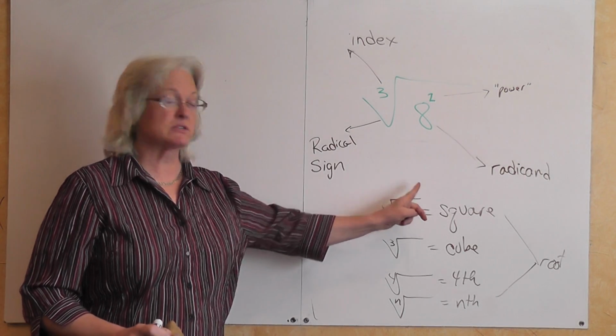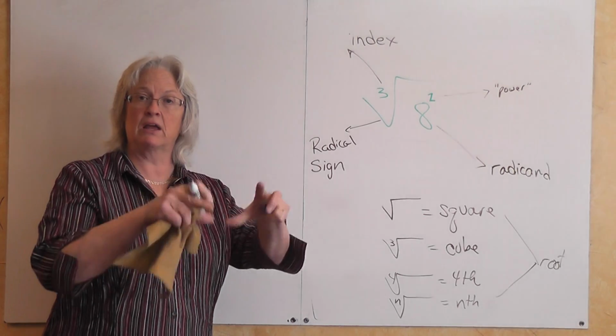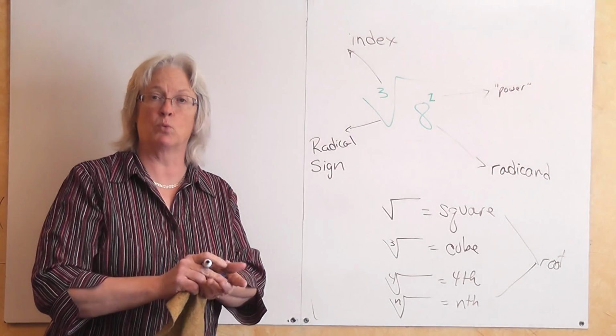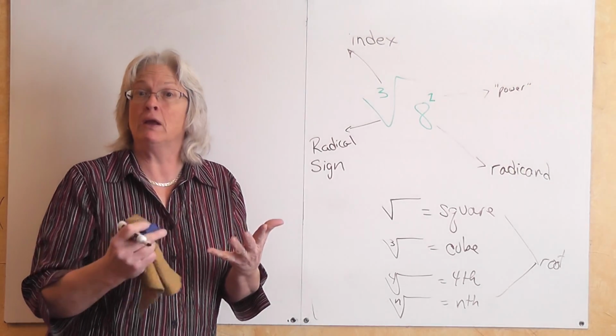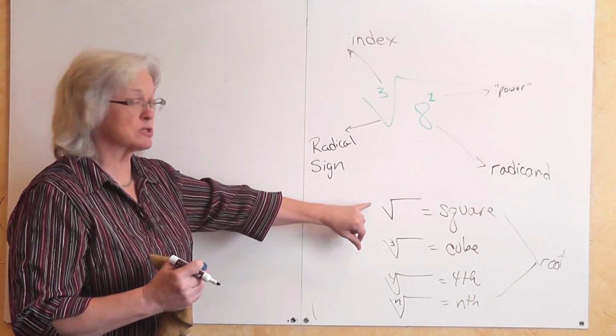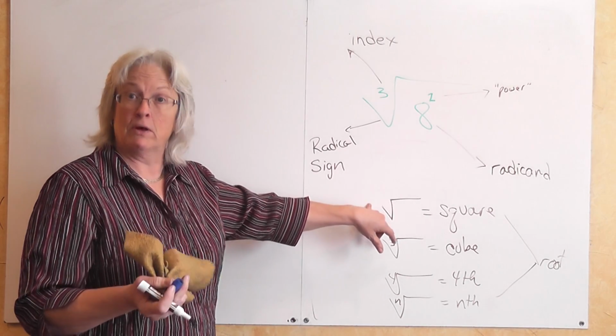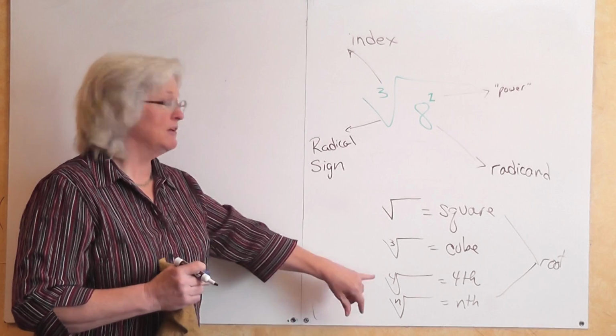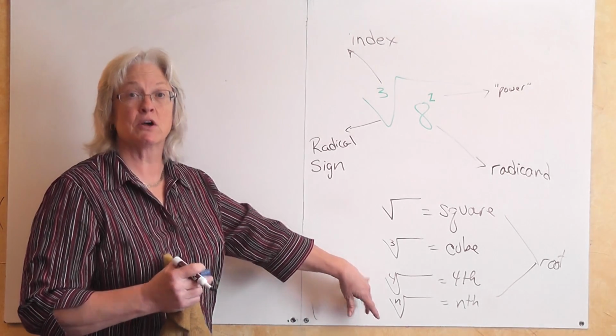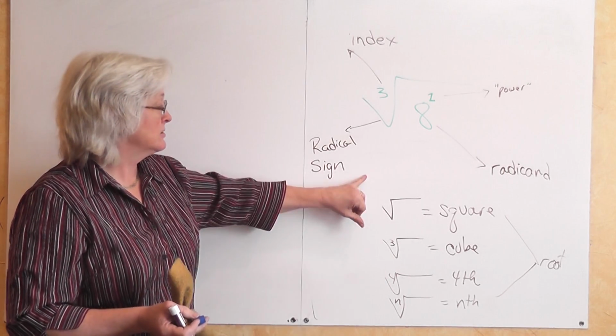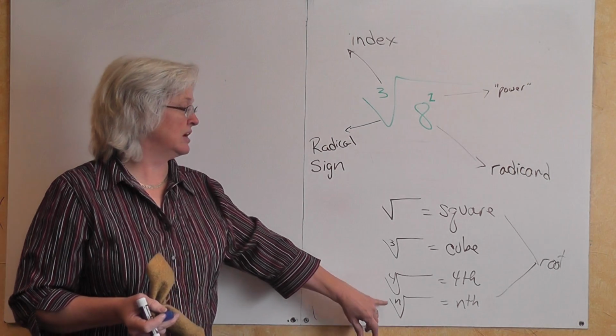You have an index, you have a radical sign, which means we're taking a root. All a root is, is one of the number's however many equal factors there are. If it's a square root, it's one of the number's 2 equal factors. If it's a 4th root, it's one of the number's 4 equal factors. Square root, cube root, 4th root, 110th root.